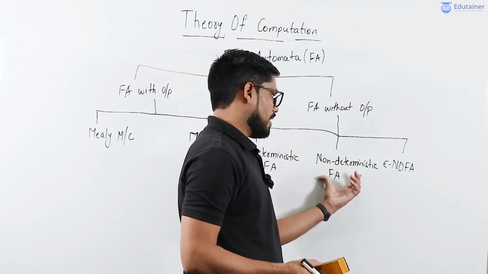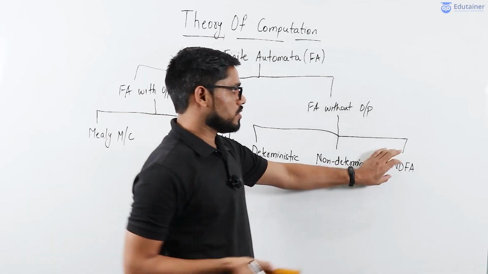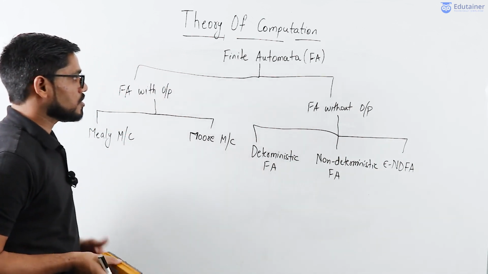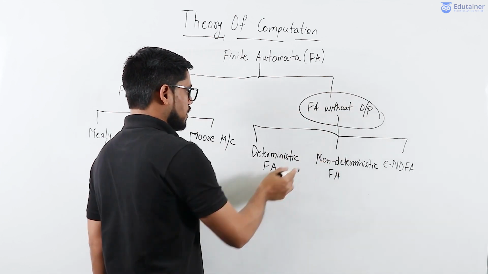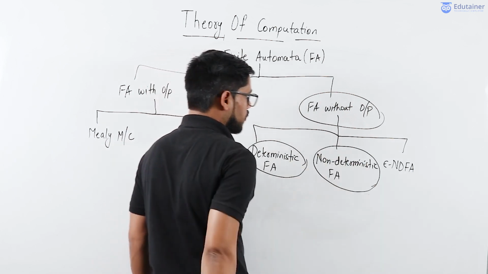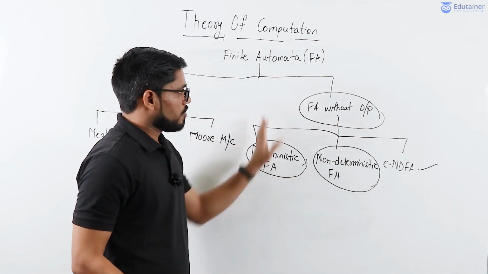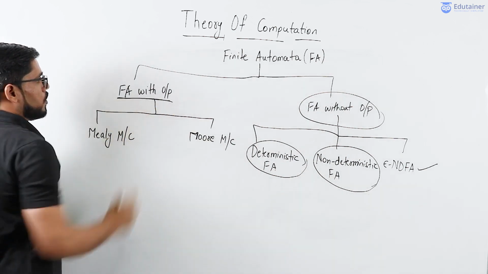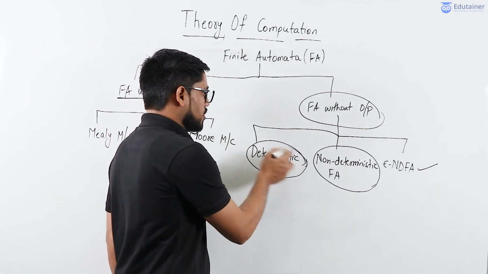So NDFA and epsilon NDFA are very different. I mean to say that here I can use the epsilon symbol, but here I cannot use the epsilon symbol. First we shall look at the finite automata without output, where we discuss deterministic finite automata in detail. Then after that we will start non-deterministic finite automata, and finally we cover epsilon NDFA. After that we shall look at finite automata with output. So in the next video we will discuss deterministic finite automata.